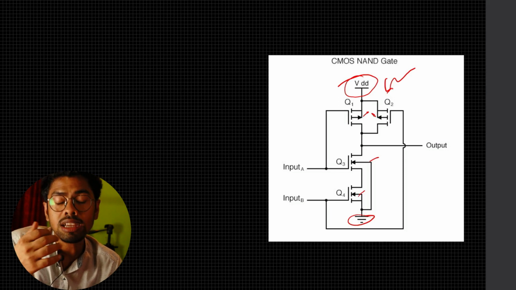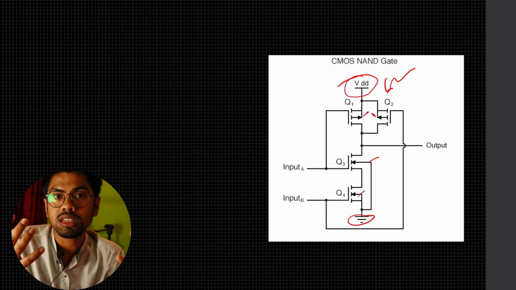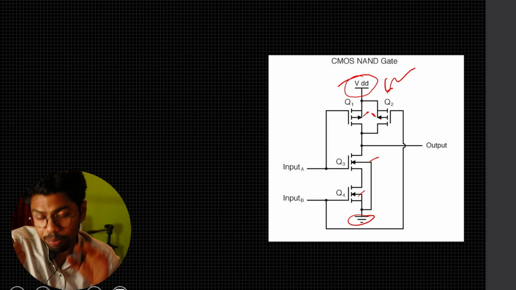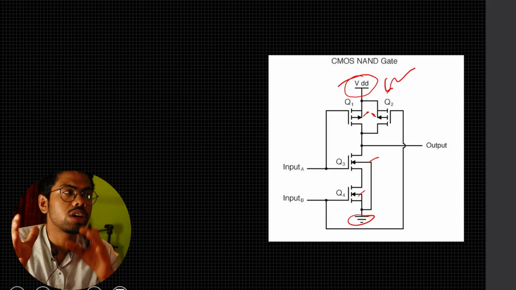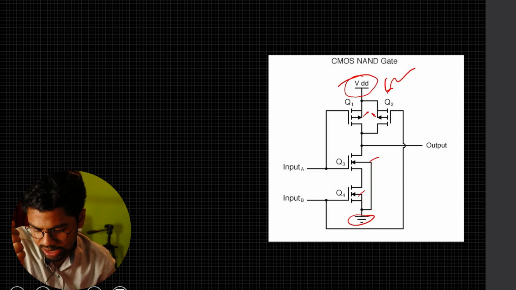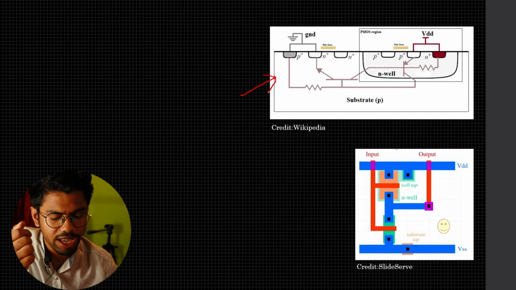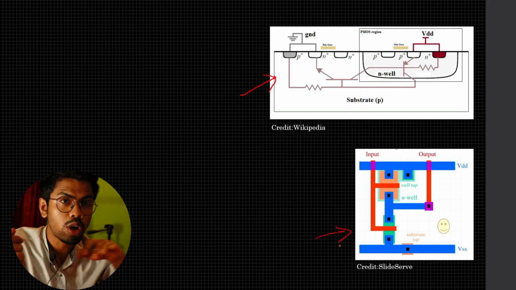They don't show us the exact practical MOSFET structure. So to see the practical MOSFET structure which actually comes in the physical world, it is something like this from the cross section view and something like this from the top view.